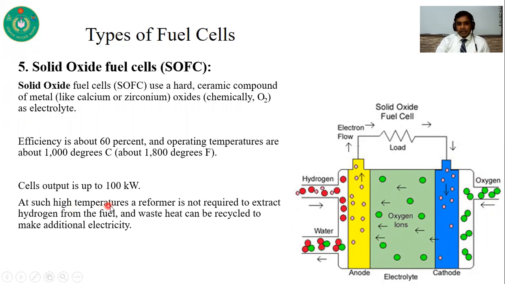At such high temperature, a reformer is not required to extract hydrogen from the fuel, and waste heat can be recycled to make additional electricity. So we get electricity, and the excess heat is also used for additional electricity.